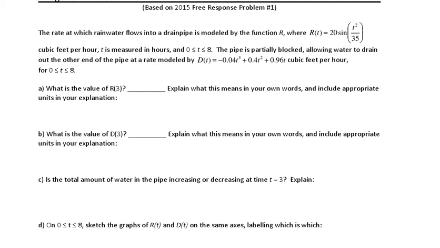Beautiful. All right, so that's a rock solid answer for an AP question. If I was writing it, I would write cubic feet per hour like that. Nice job. So Mata, what did you guys get for part B? What's the value of D of 3?